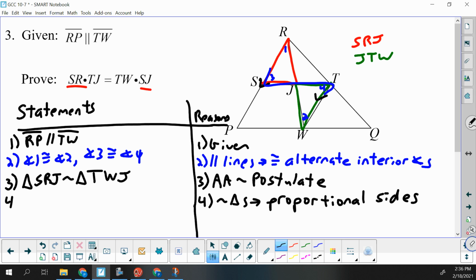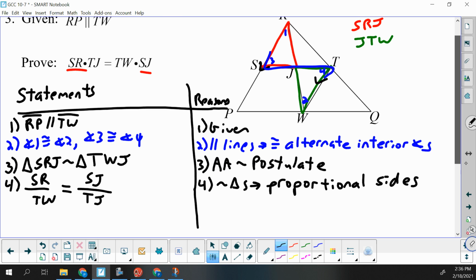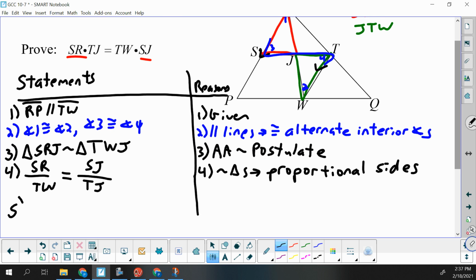We have to set up the proportion, make sure the sides we want to multiply are diagonal from each other. So SR I'm going to put there, TJ will then have to go down there. And then just make sure the other two are diagonal from each other as well. And to finish off, our statement will just be what we want to prove.